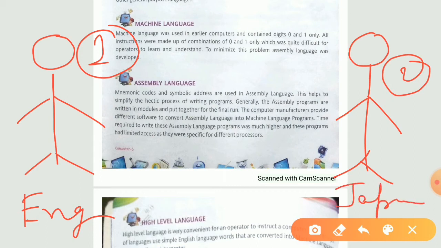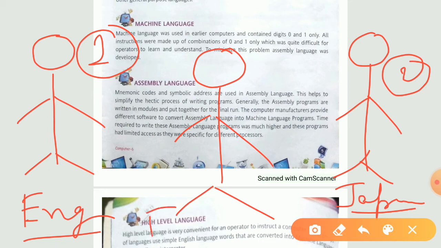If person 1 knows English and person 2 knows Japanese, how are they going to communicate with each other? There is one solution: there should be a middle person who knows both English as well as Japanese.